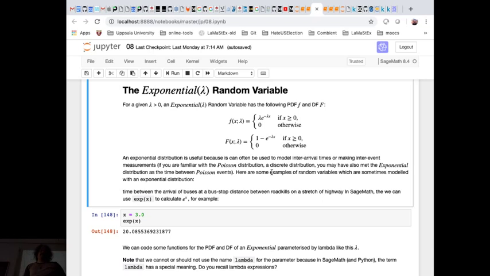Okay. So what is the connection between exponential and Poisson? If events are arriving according to this Poisson distribution, so you have, say, a unit interval of time, and then you ask something is arriving such that the time between arrivals is exponential, right? So let's say I'm at a bus stop or something, and the time between arrivals, so time 0 is when I reach the bus stop.